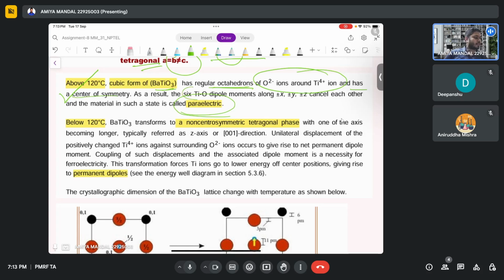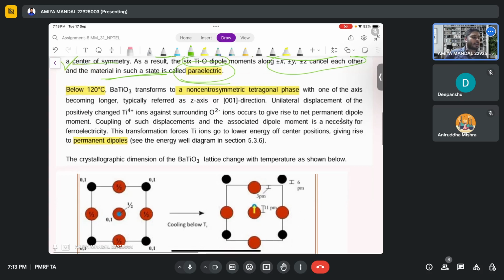The TiO dipole moments cancel each other, which is the paraelectric state. Below 120 degrees centigrade, a non-centrosymmetric tetragonal phase occurs along the 001 direction. Unilateral displacement of the positive titanium ion against its surroundings creates permanent dipoles, that's why delta P is not equal to 0.